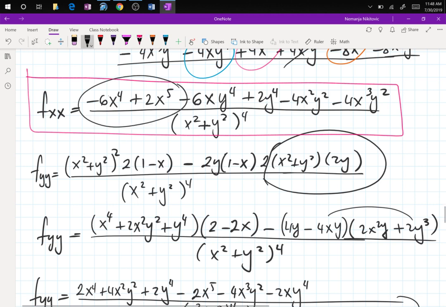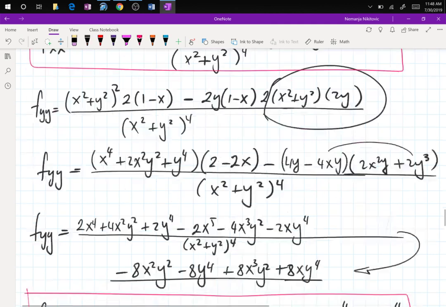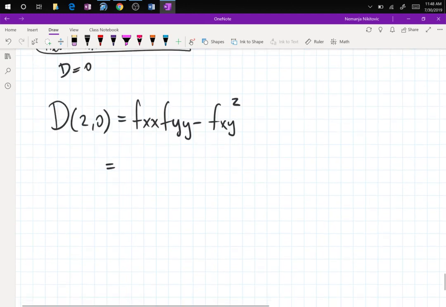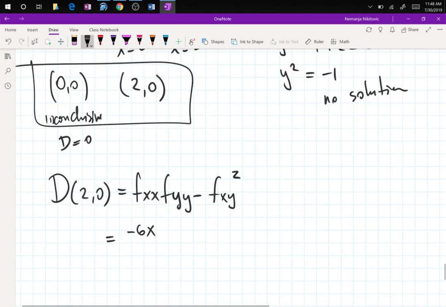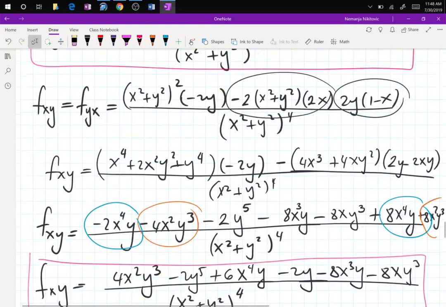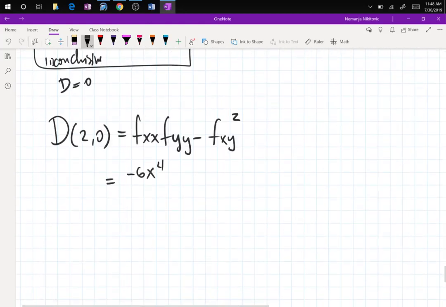They survive, and x to the 8 survives on the bottom. Everything else is 0. So negative 6x to the 4, 2x to the 5, divided by x squared squared. These are the only ones that survive, and then each x becomes a 2.